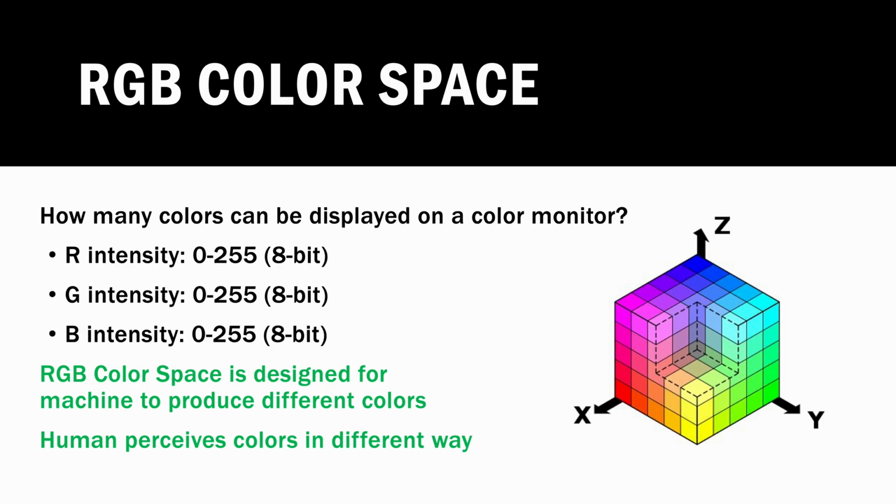When combined, the three channels can represent more than 16 million unique colors. However, it's important to note that human vision doesn't perceive colors in exactly the same way as the RGB model produces them. In the next section, we'll briefly look at how human eyes perceive colors differently.